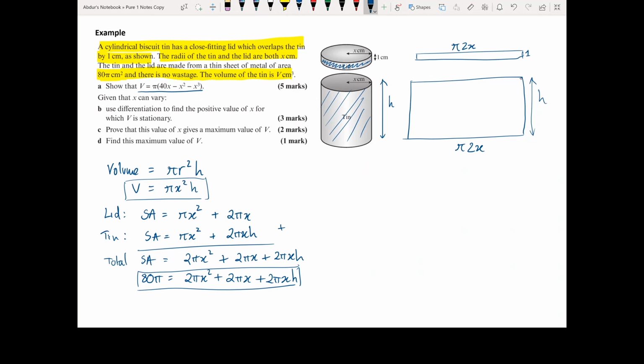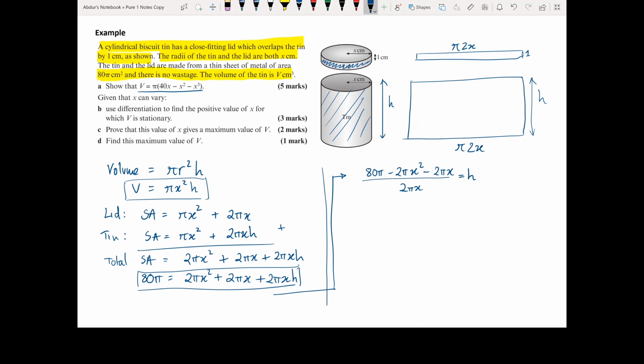Just tidying this up a bit here, we've got 80 pi minus 2 pi x squared minus 2 pi x, all divided by 2 pi x, is equal to h.